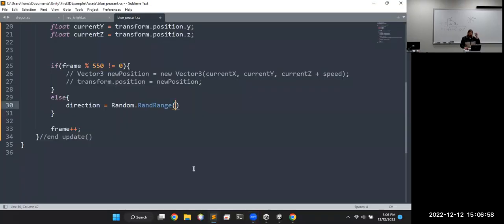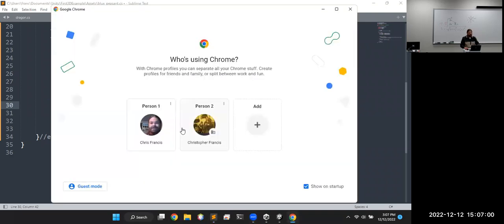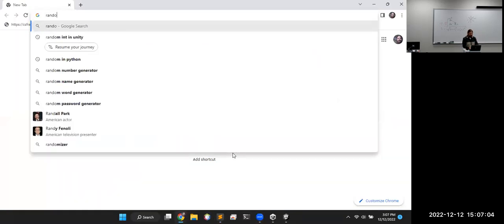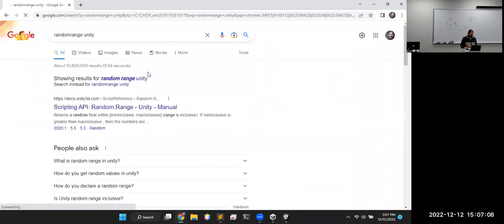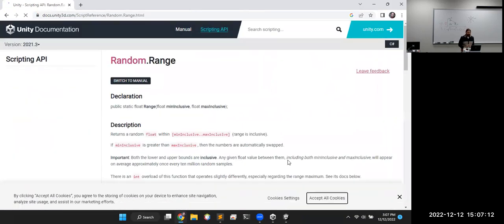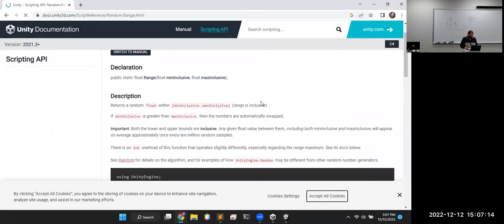So random range, I remember what it is, but let's look it up. Random range Unity. Oh, it's random dot range. I guess I typed random one too many times. The thing that's different time to time when we do a random range is notice that both of these are inclusive.